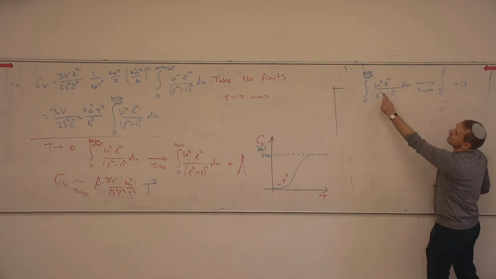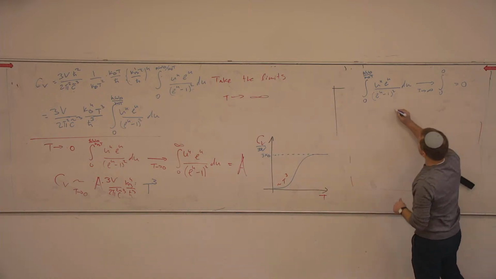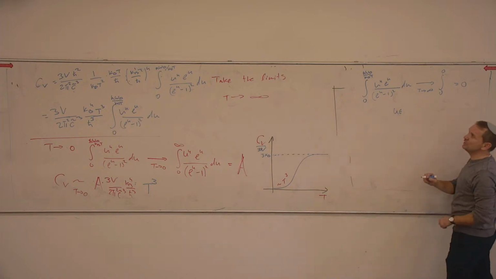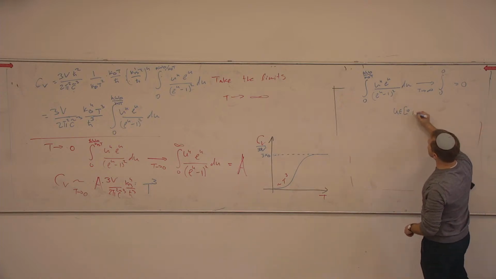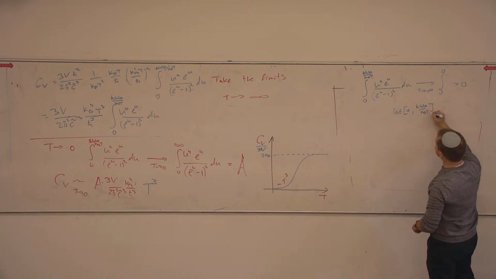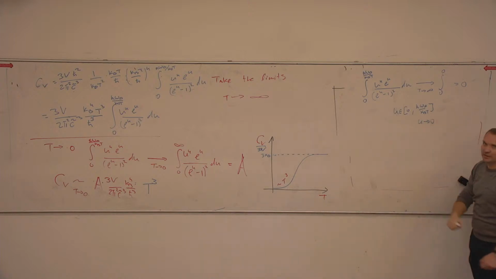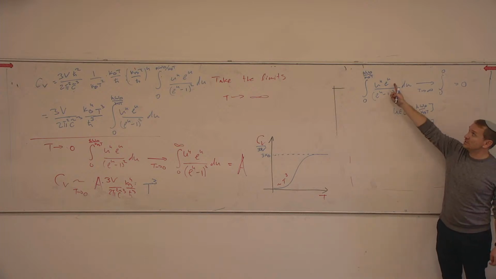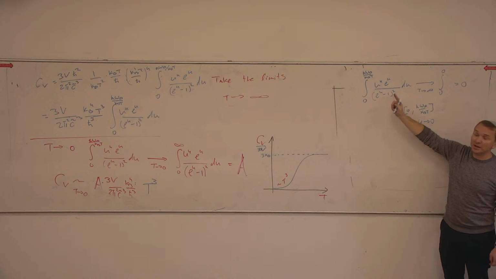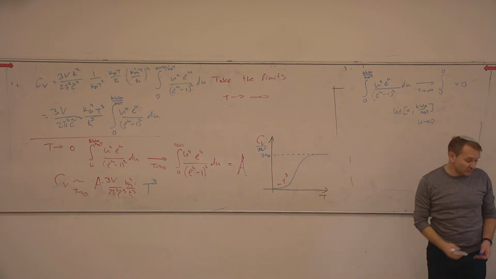But I know that u belongs to the interval from 0 to h bar omega d pi divided by k Boltzmann T. Meaning, u goes to 0 all the time. u is small. Okay? So when u is small, I can approximate all this e to the u minus 1, etc. by using the regular approximation.